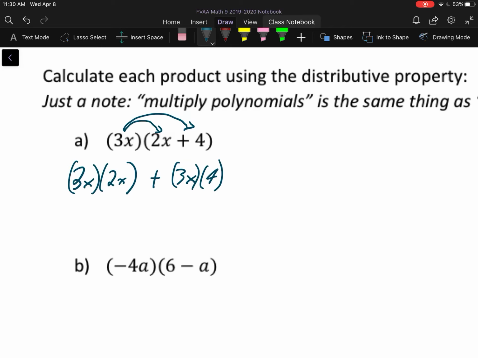Then for the 3x times the 2x, if you remember from the last set of notes, you multiply the coefficients together and then the variables together. So 3 times 2 is 6, x times x is x squared, plus 3 times 4 is 12, and then 12x, since x times 1 is just x. And that would be your answer.